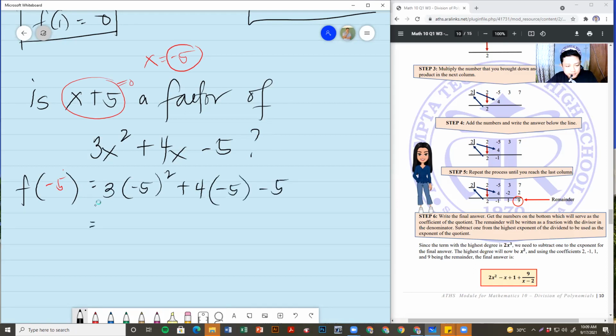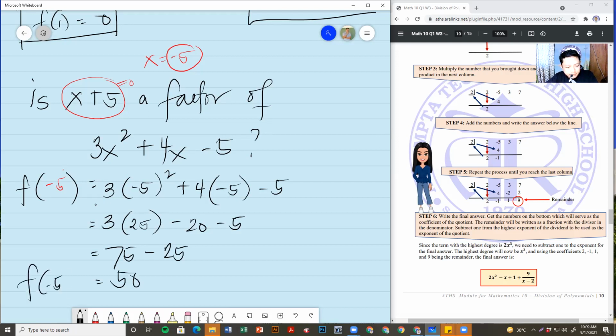So this becomes 3 times -5 squared. That's 25. 4 times -5, that's -20 minus 5. So therefore, this becomes 75 minus 25. And 75 minus 25 is 50. F of -5 is 50.